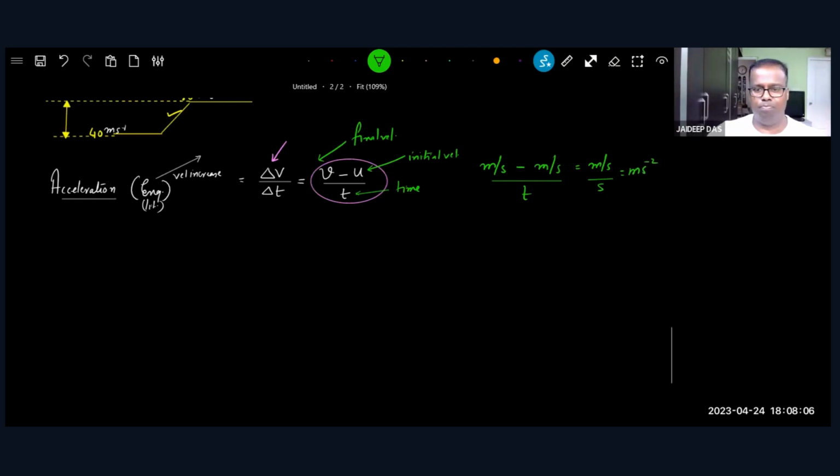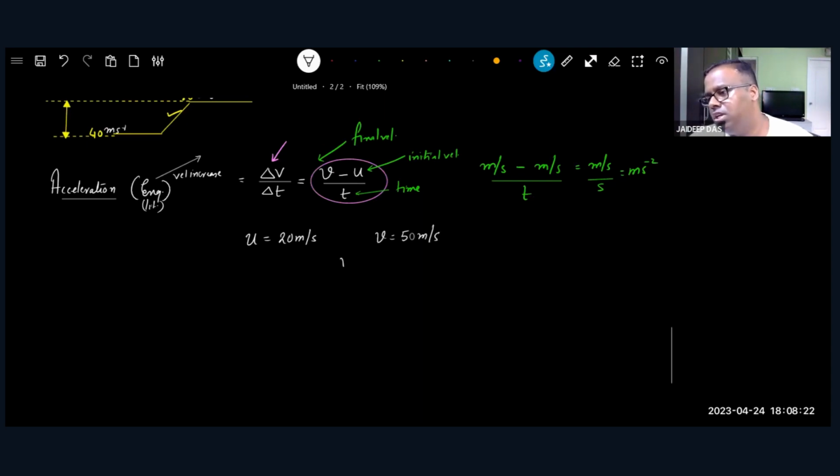Clear till here? Okay. Now, Sanvi raised a question. I said that I started with the initial velocity of 20 meters per second, and then I increased my velocity to 50 meters per second. What is the delta V equal to? Sir, the delta V is always final minus initial, always final minus initial.